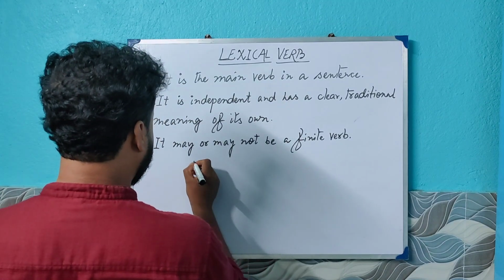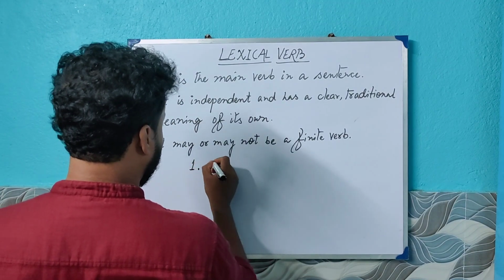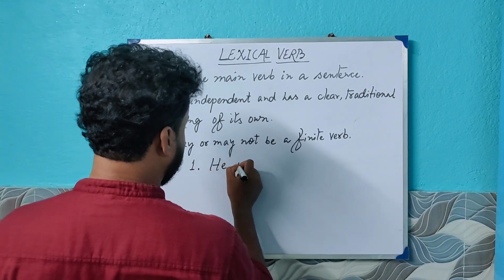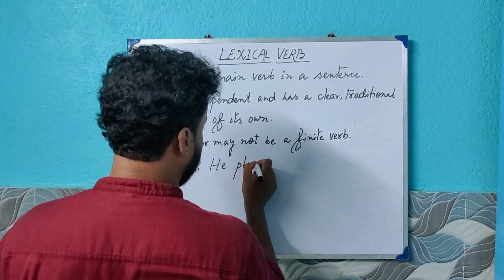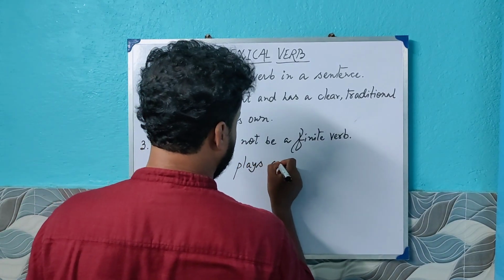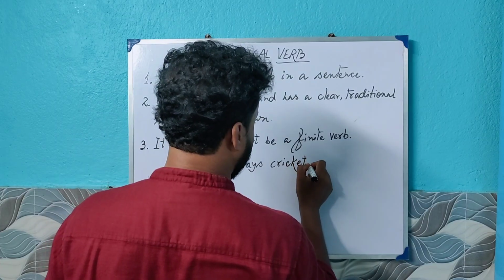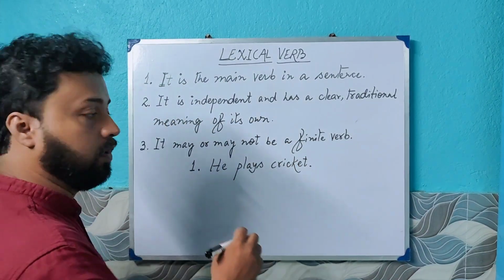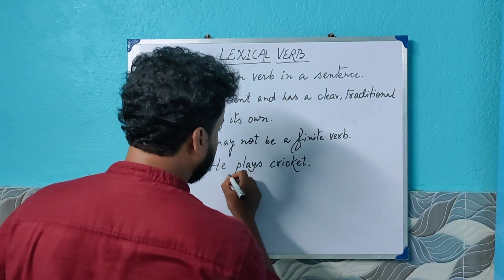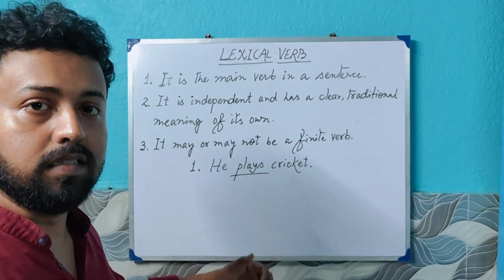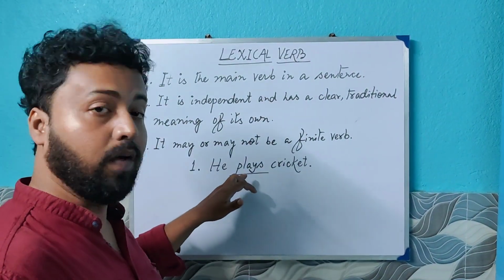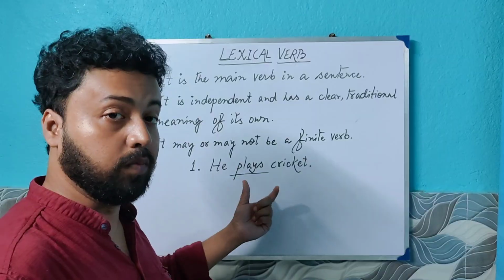For example, let's look at this example. He plays cricket. In this sentence, the verb is plays. Now, as you can see, it has a clear traditional meaning of its own.